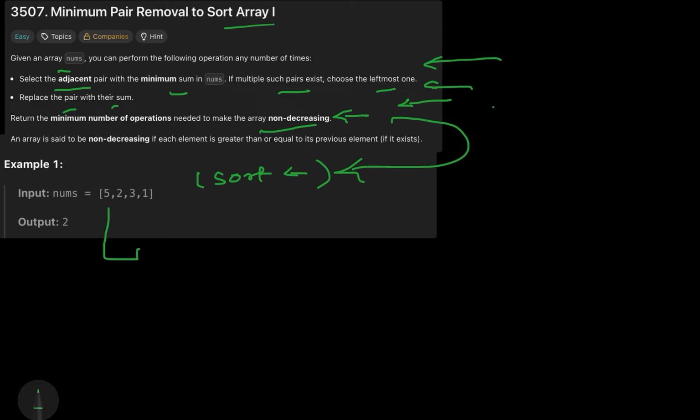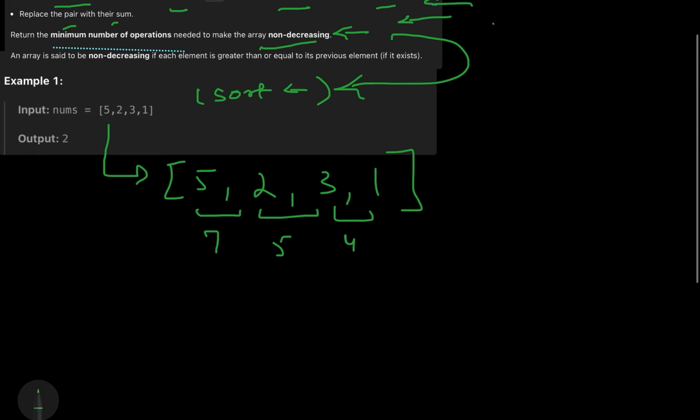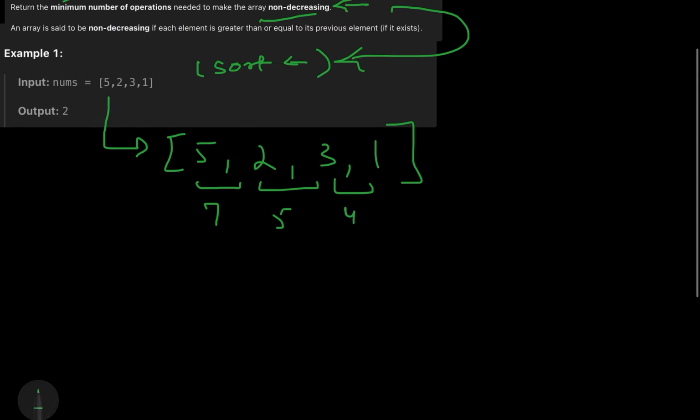So suppose this example is given: 5, 2, 3, 1. The minimum sum would be here, the sum would be 7, here the sum would be 5, here the sum would be 4. Okay. So if we take this one, it will make 4.